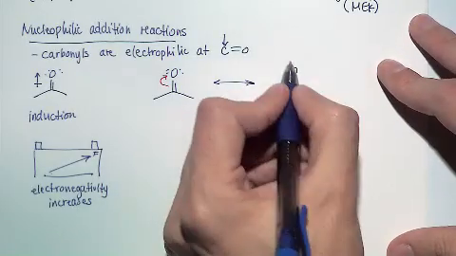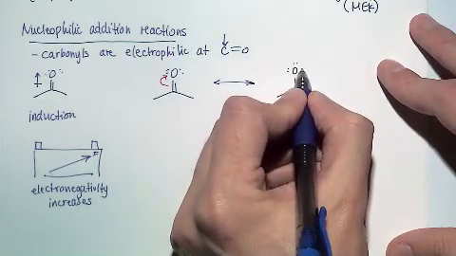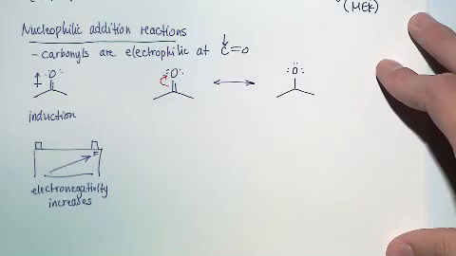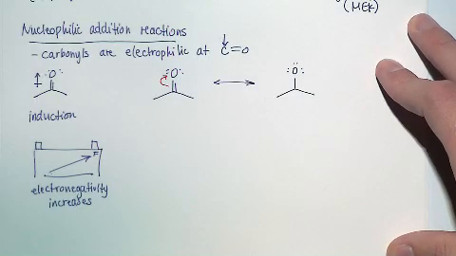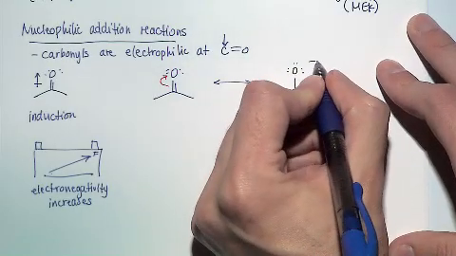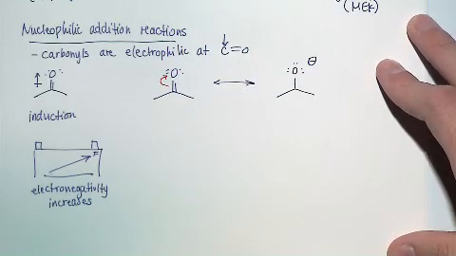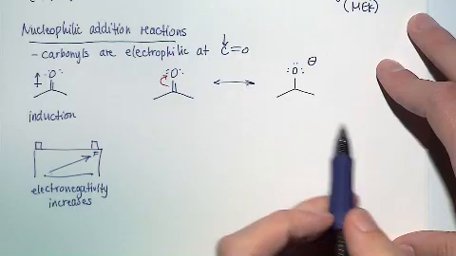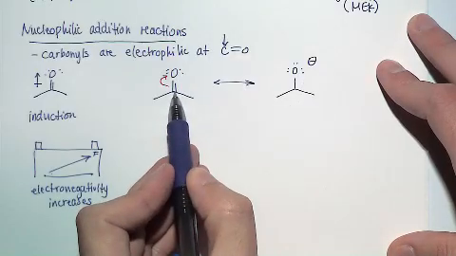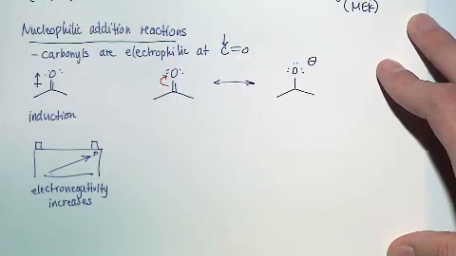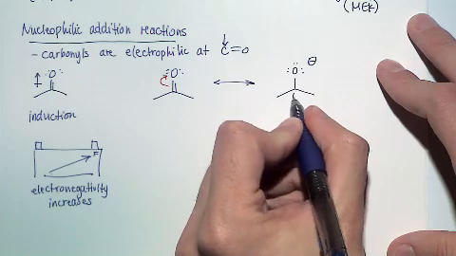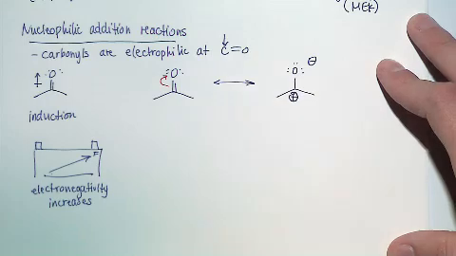So that means we're now going to have 3 lone pairs on the oxygen. When oxygen has 1 bond and 3 lone pairs, that's a negative charge. And we've got to balance that negative charge. In addition, this carbon has had electrons removed from it, so it is now electron deficient, and it's got a positive charge.